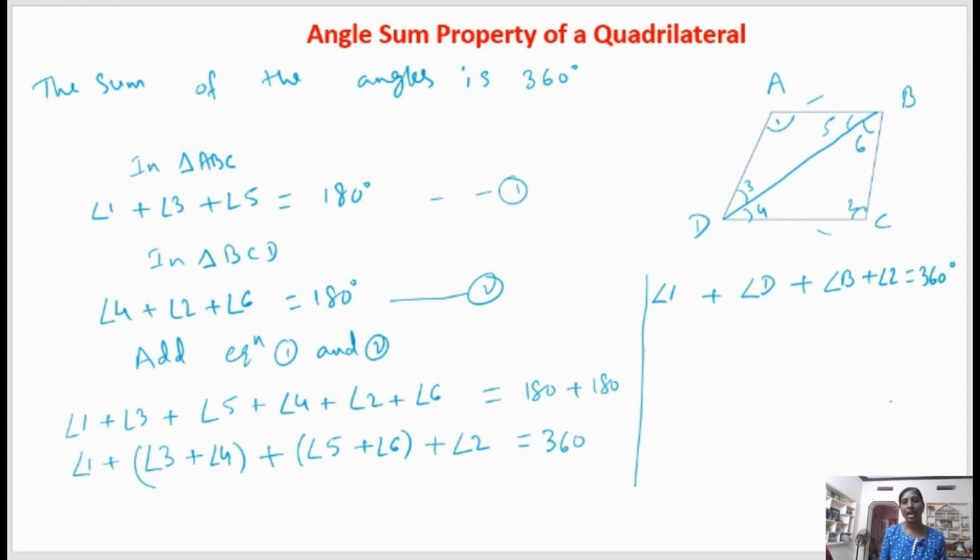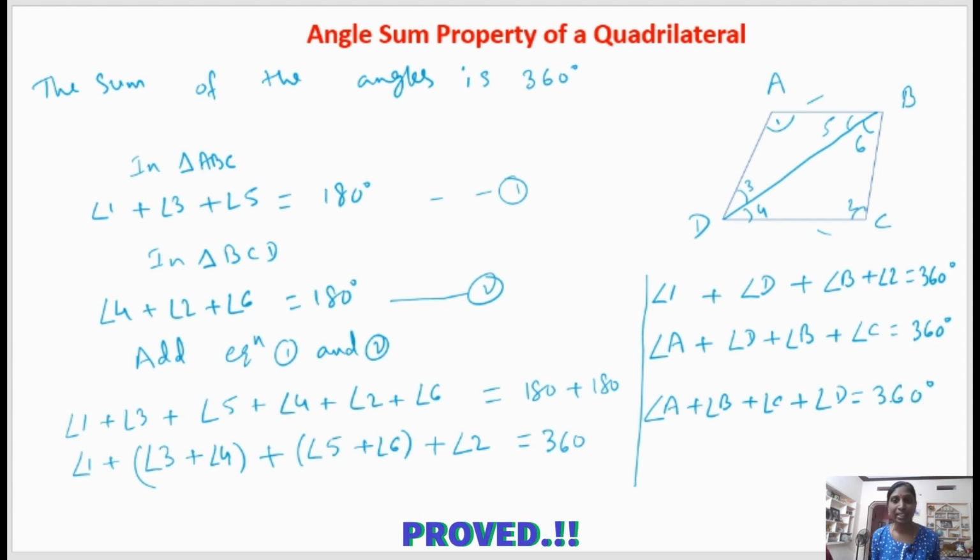Now angle 1 can be written as angle A, plus angle D, plus angle B, plus angle 2 can be written as angle C, is equal to 360 degree. Clear? So you can write in an order angle A plus angle B plus angle C plus angle D is equal to 360 degree. So we have proved that the sum of the four angles of the quadrilateral is equal to 360 degree.